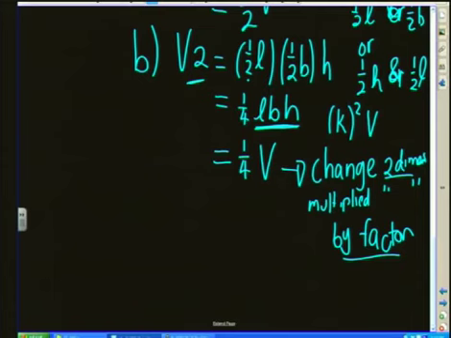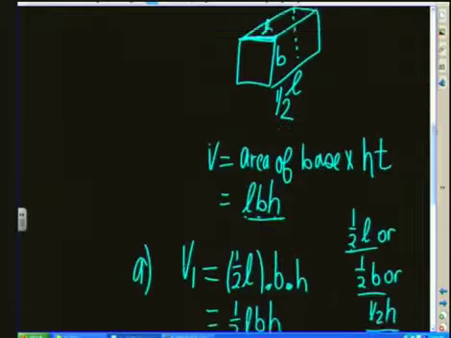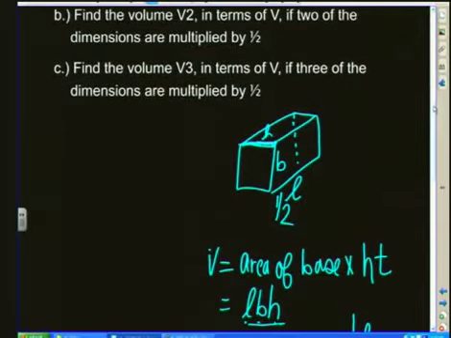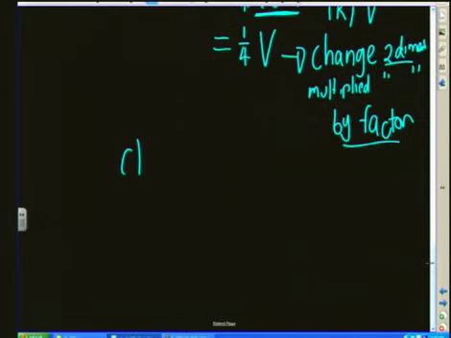All right. And then the last part of this, part C, they say find the volume V3 if 3 of the dimensions are multiplied by a half. So now they're changing the length, the breadth, and the height of the original shape. So V3, the new length is a half the original.